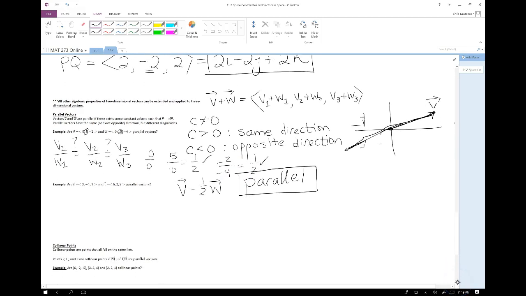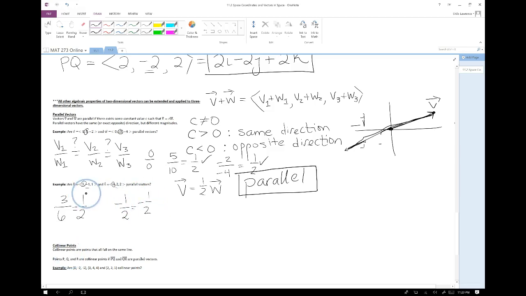So I've got a second example of this just so you can see one where it doesn't work. If we were to try to set up these ratios between our first components, we want to use vectors S, which is 3, -1, 1, and vector T, which is 6, 2, 2, and see if they're parallel. So for the first components, 3 over 6 is a half. -1 over 2, when we do the second components, that doesn't simplify, that's -1/2.